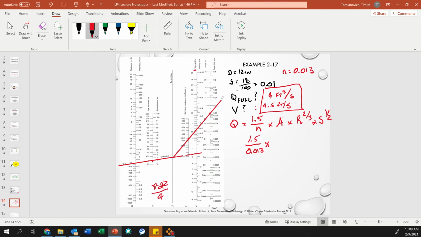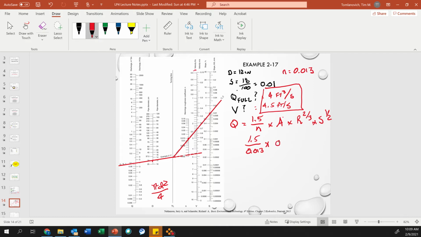Does it need to be in inches or feet? Feet. So pi times 1 foot squared divided by 4, I get 0.785.